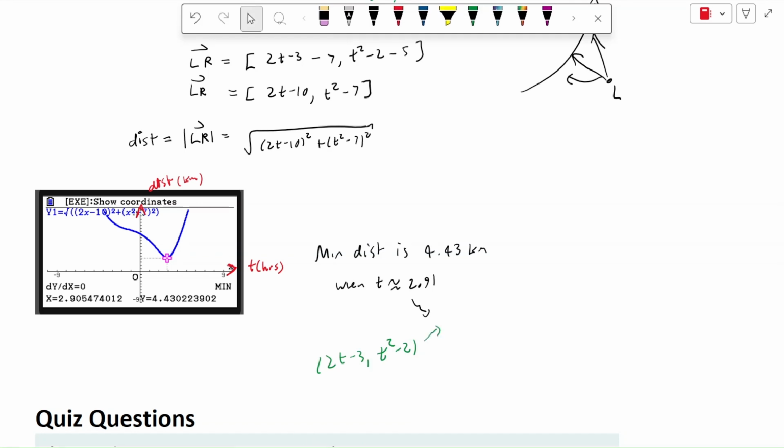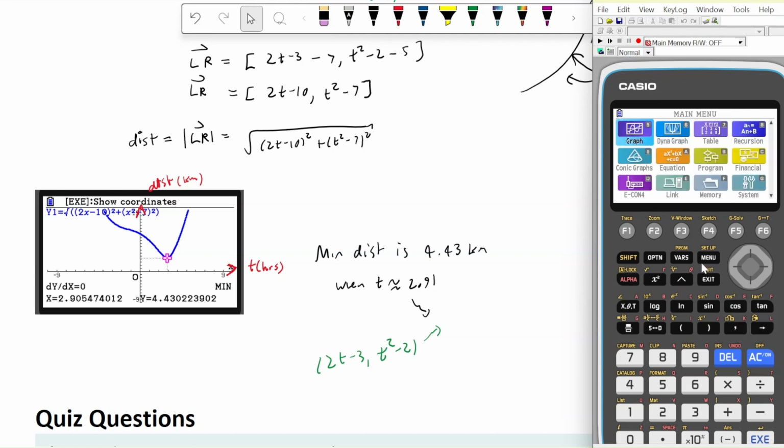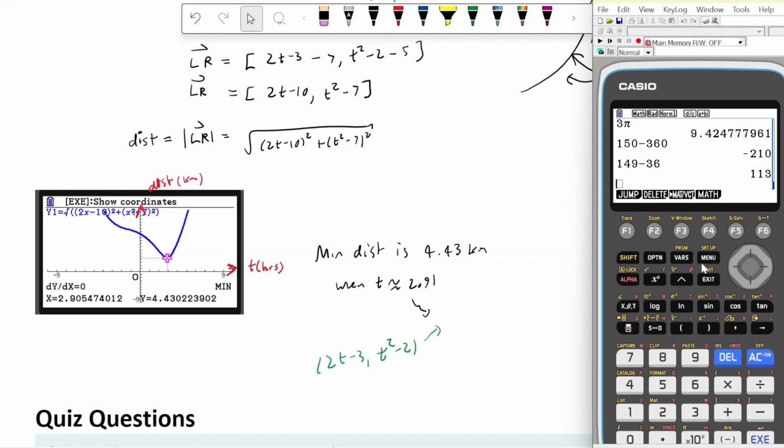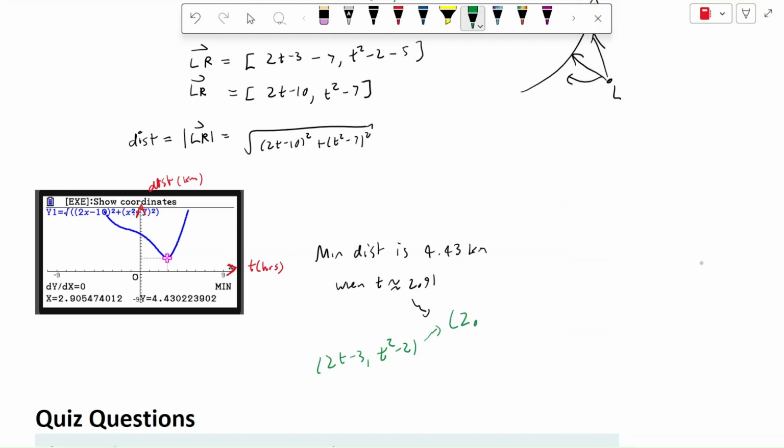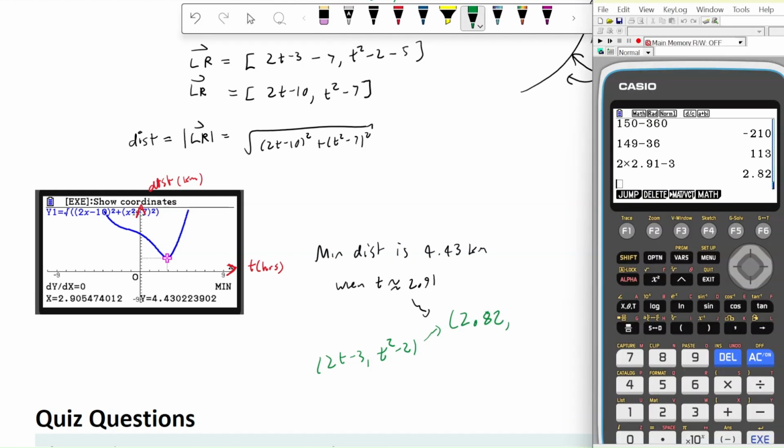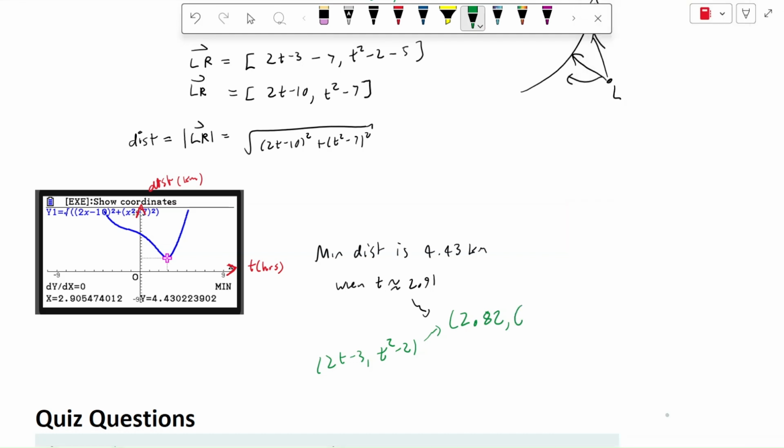So if we have a look at what that becomes, we've got, just in normal calculator mode, 2 times 2.91 take 3 would be that value, so that's 2.82. And t squared take 2, so that's going to be 2.91 squared take 2, and we get 6.46.